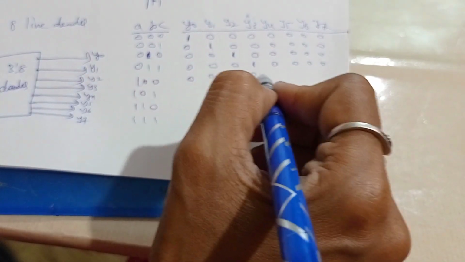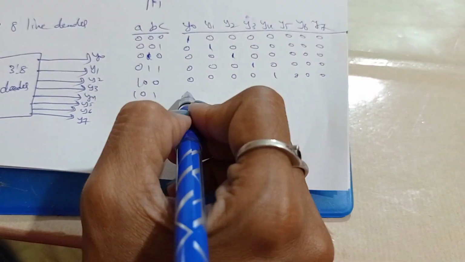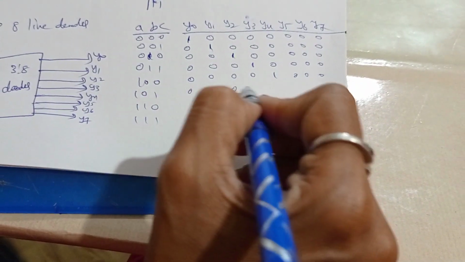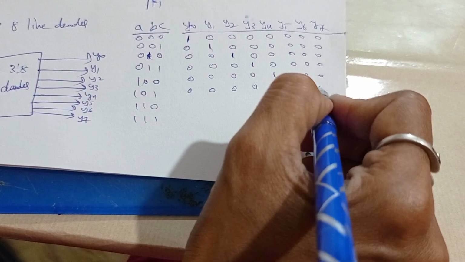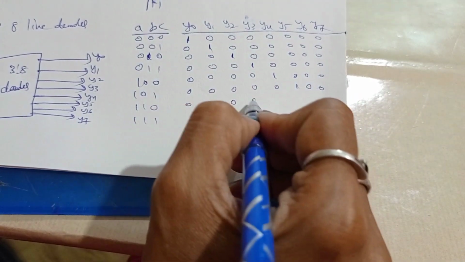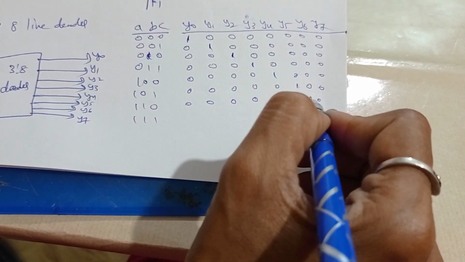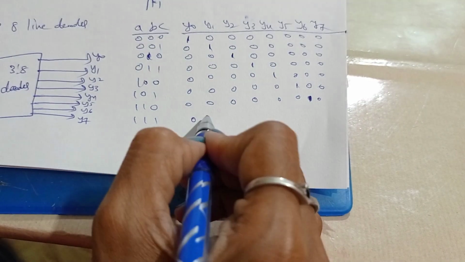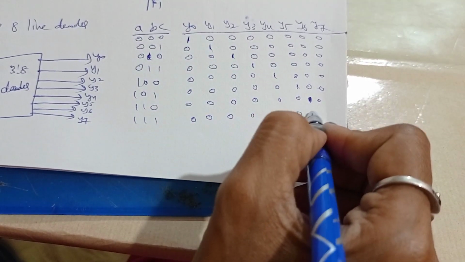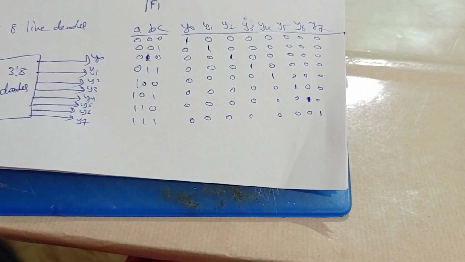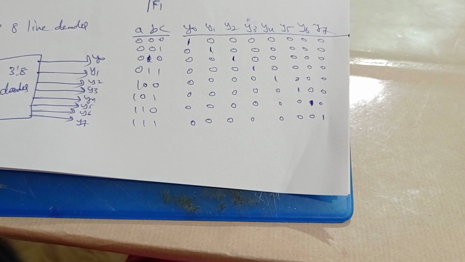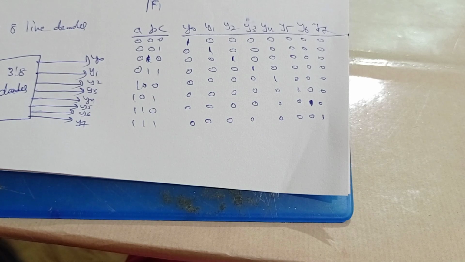For 4, Y4 is 1 and all zeros. 5, Y5 is 1. 6, Y6 is 1. 7, Y7 is 1. This is how to draw the 3 to 8 line decoder with truth table.